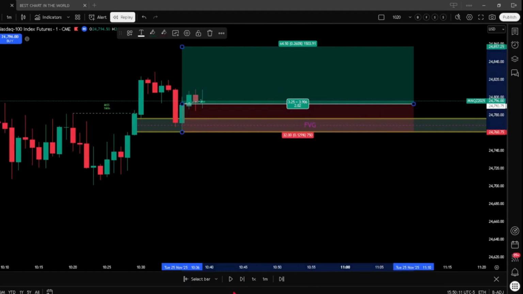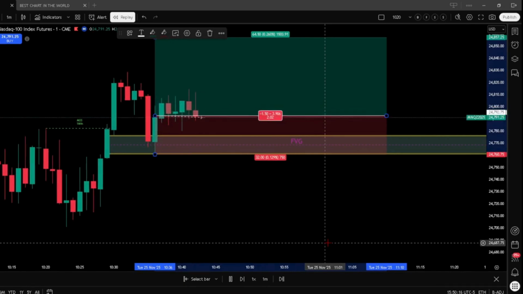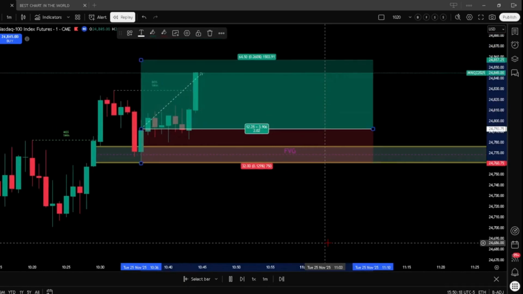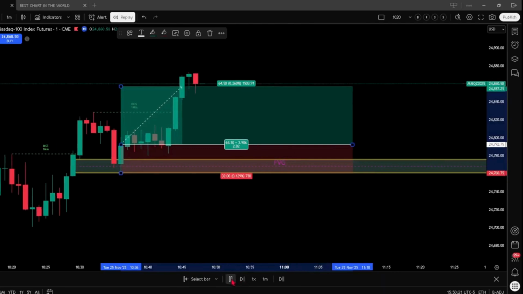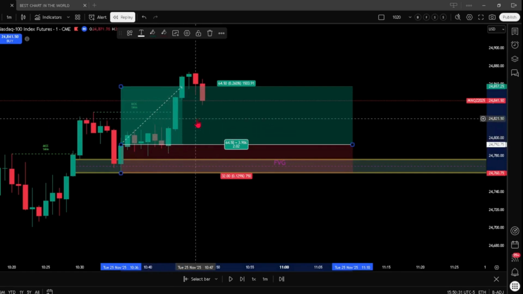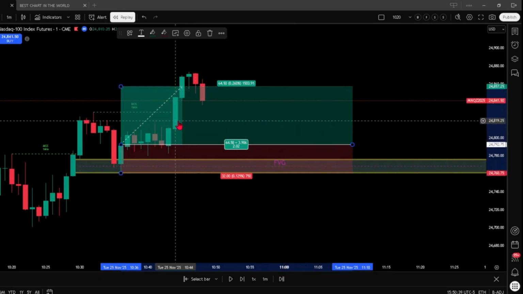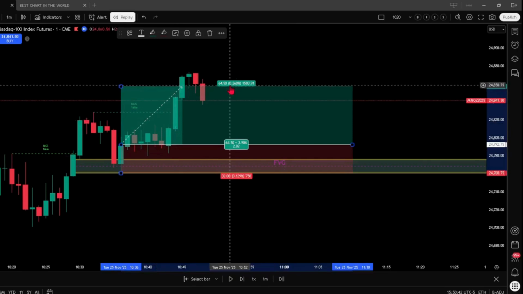How we let the trade play out. This trade actually lasted 1, 2, 3, 4, 5, 6, 7, 8, 9 minutes with a 1 to 2 risk reward ratio, 64 points. 64 on a single MNQ.